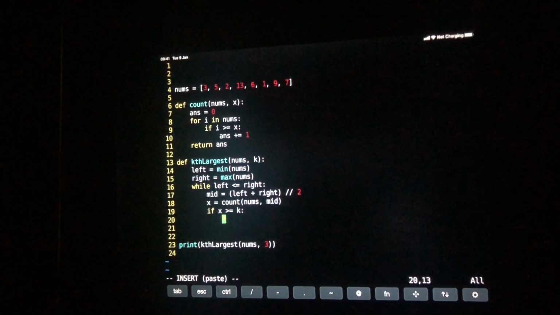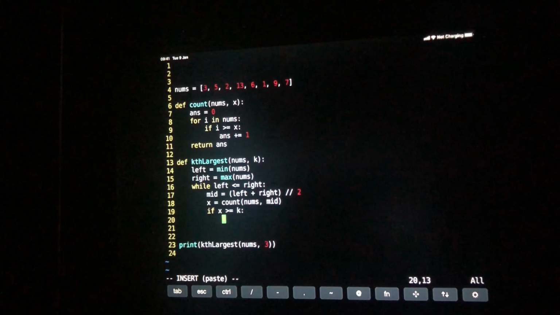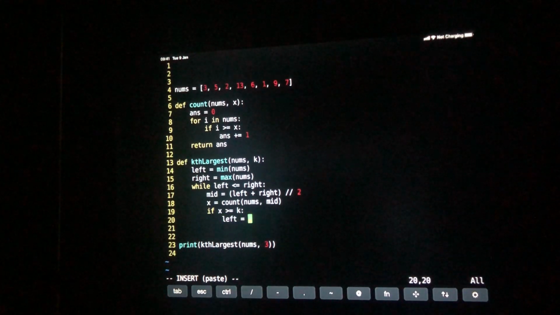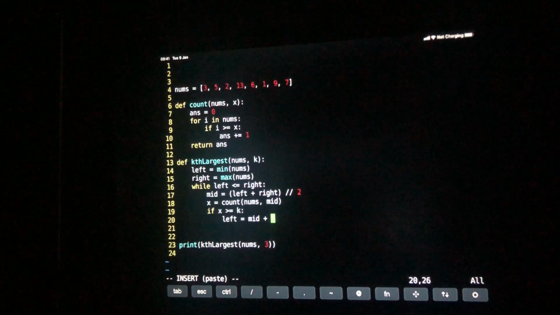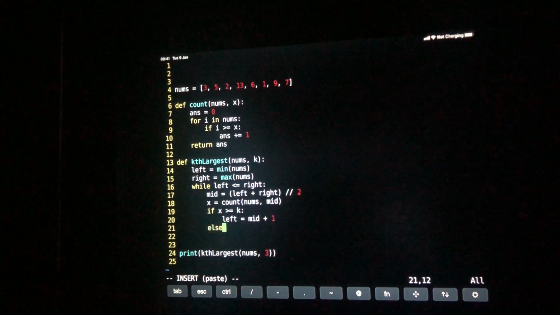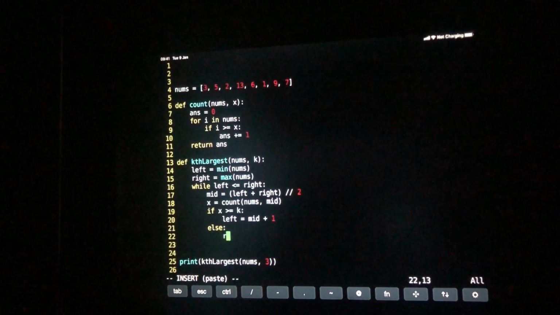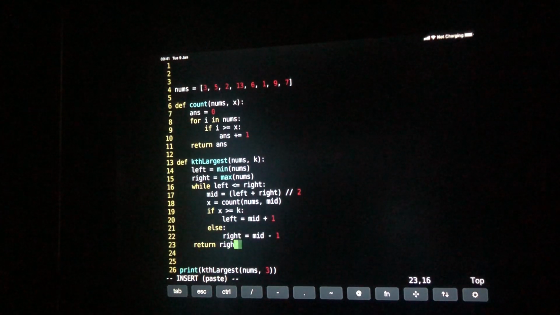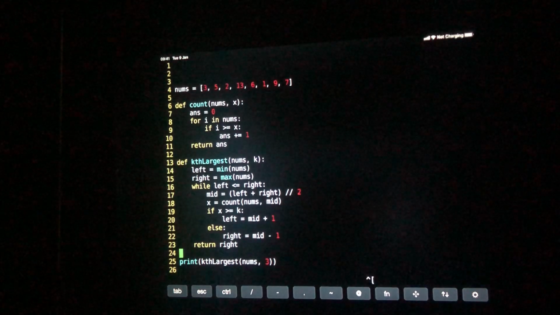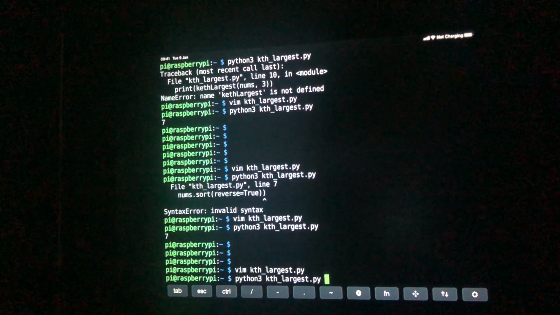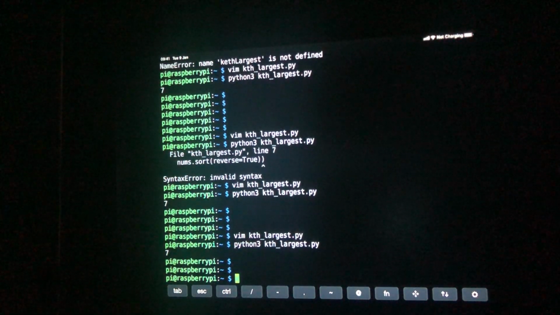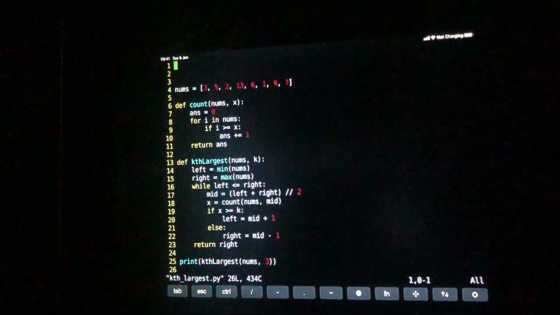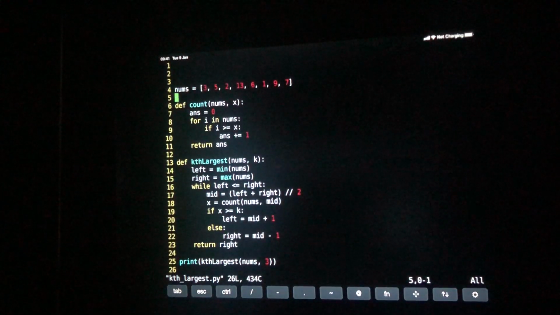Then left equals mid plus 1, and else right equals mid minus 1. And return right in this case. Let's see if it also prints 7. Yes, well done. So it's the same.